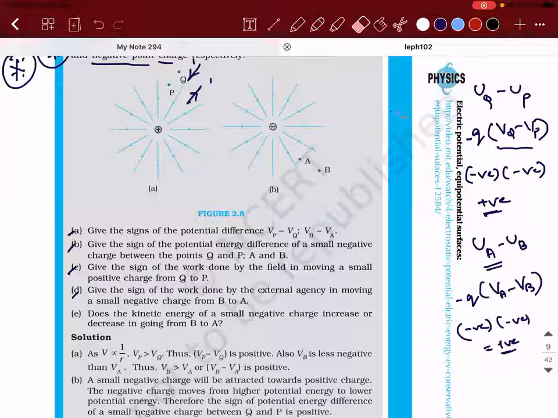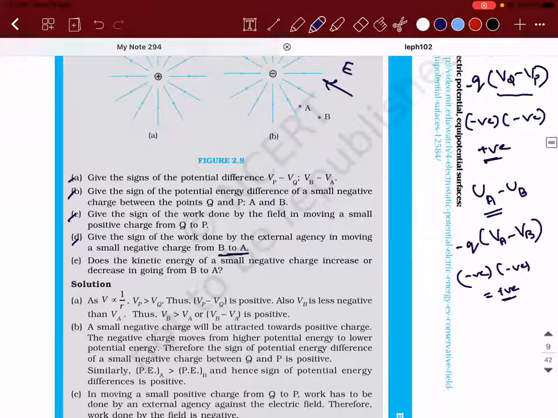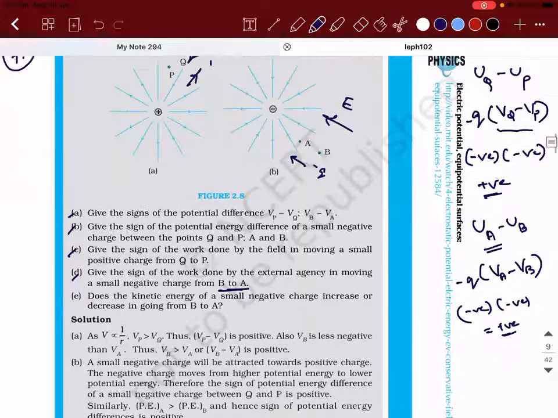See, listen. This is the direction of electric field. Correct? Right. What is the displacement they told? They want the charge to be moved from B to A. So you have a negative charge moving from B to A. What is it? So that work done by whom? Work done by external agent.